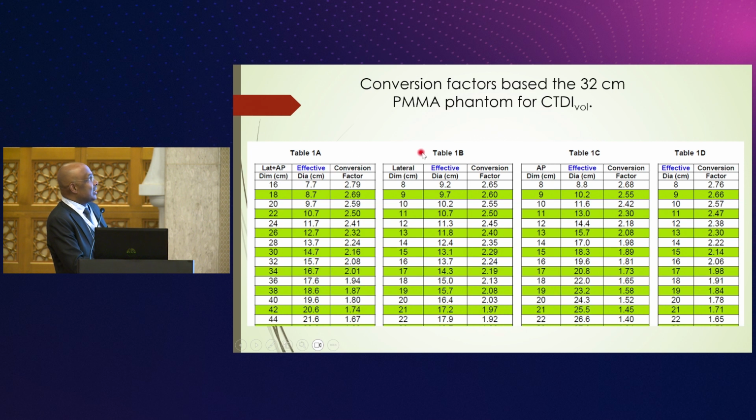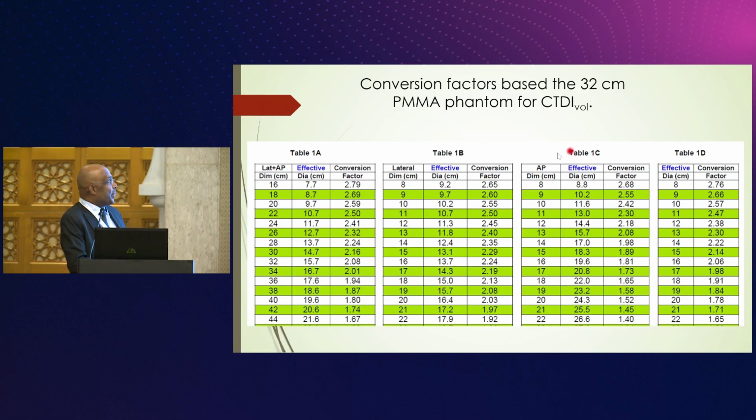This initial report was based on a 32 centimeter phantom used for measuring your CTDI volume. As your patient size increases, your conversion factor decreases, so your size-specific dose estimate will decrease for a given CTDI volume that your X-ray tube puts out.